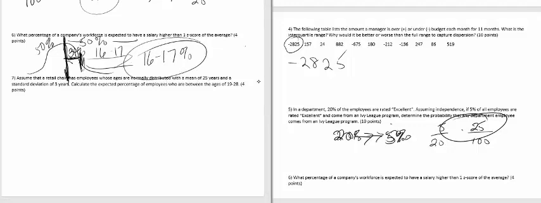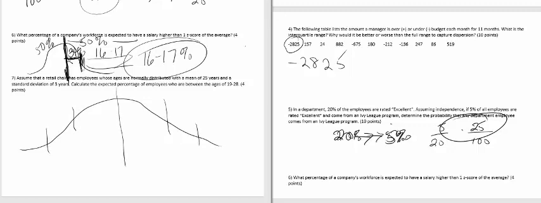All right, question number 7. Assume that a retail chain has employees whose ages are normally distributed with a mean of 25. Oh my goodness. We're doing the same thing again. So we have this normal curve. And we have one standard deviation, two standard deviations. We have the mean here. Okay.